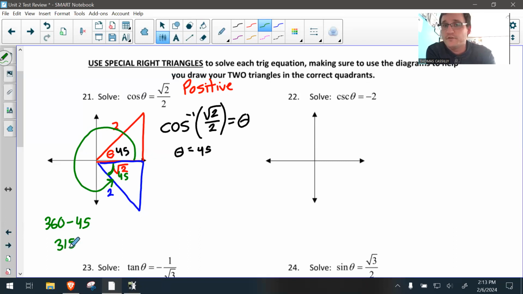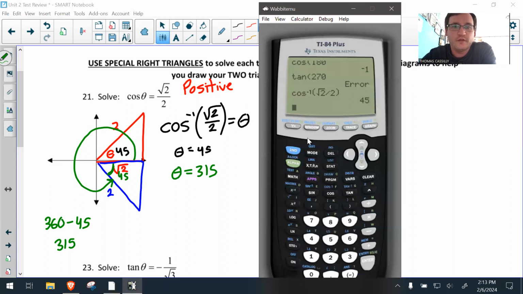All right, so the other angle here is equal to 315. There are 2 angles that are associated with the cosine of theta equaling square root of 2 over 2. And let's just check that. So let's type in the cosine of 45. Gives us that 0.707. This number right here, this 0.707 is the square root of 2 over 2. Right?